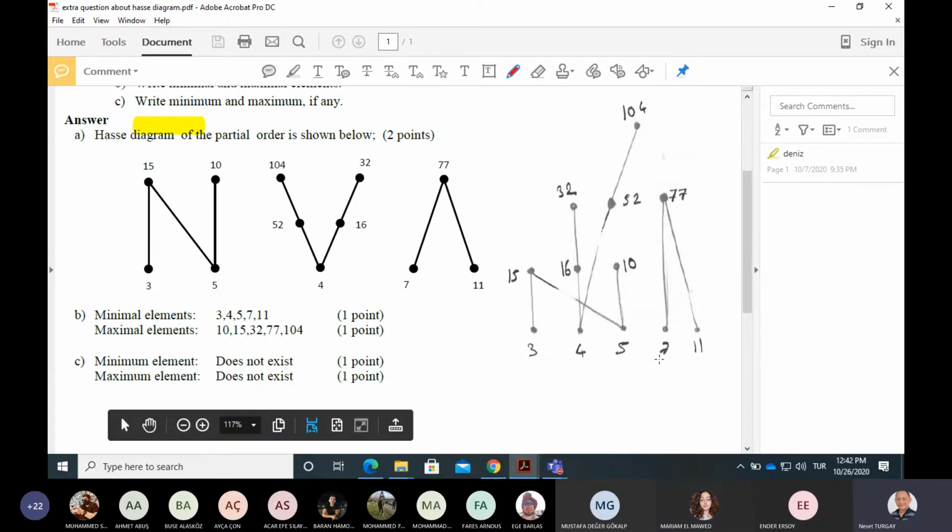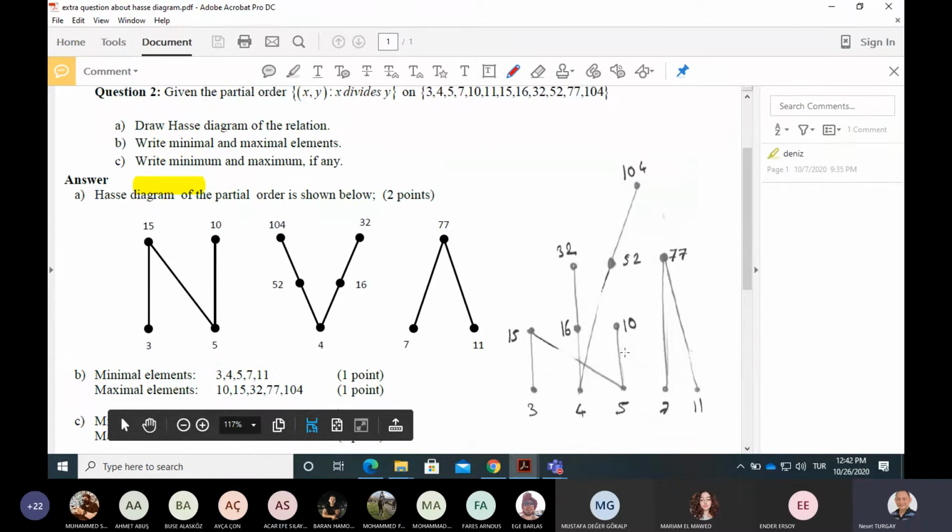For example, in here, what we did at that moment, 10, 5, let's go back to this. 10 doesn't divide 11. Am I right? But we cannot write 11 at the same level as 10, because if you write this in the upper part, that means one of them divides this.